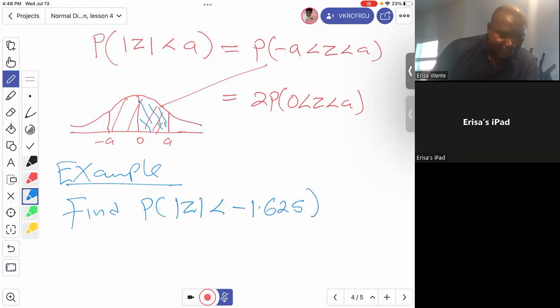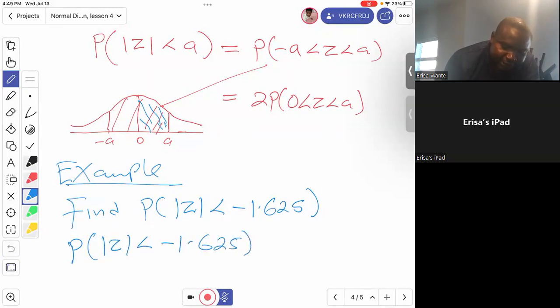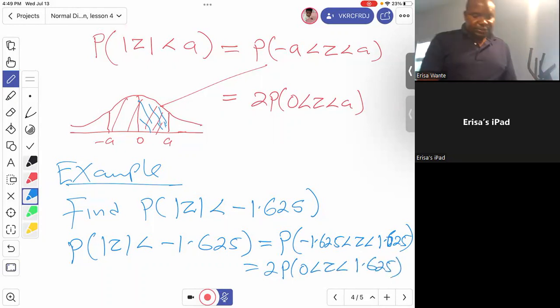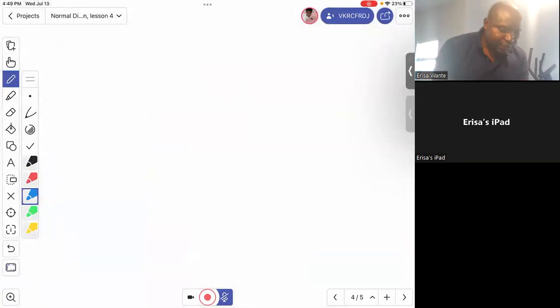So we say the probability that the magnitude of Z is less than 1.625 is exactly the same as the probability from minus 1.625 less than Z less than 1.625. And then this is twice the probability between 0 less than Z less than 1.625. You just double the probability from 0 to 1.625. So what's that probability?